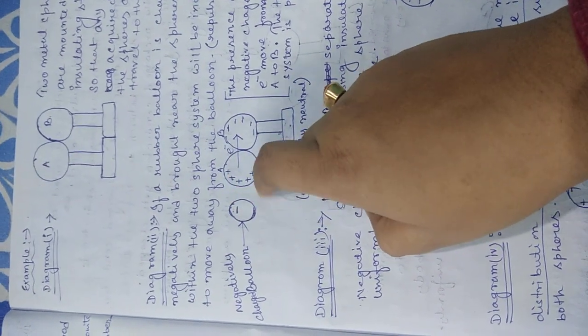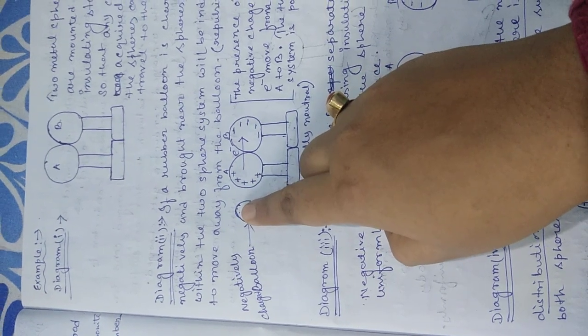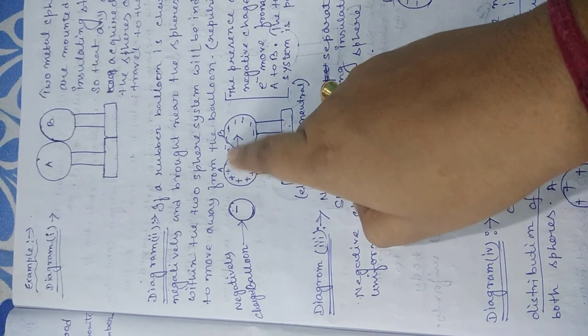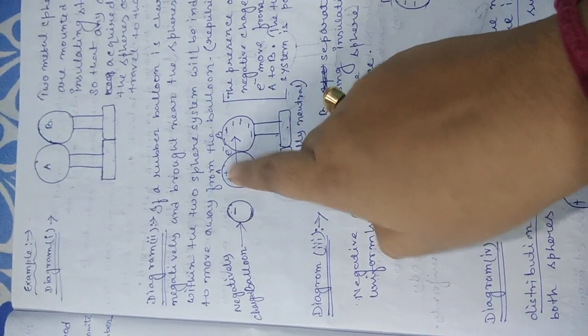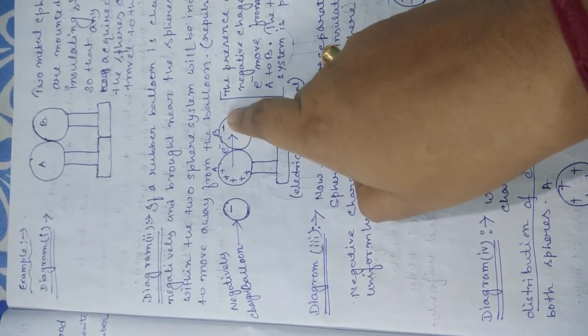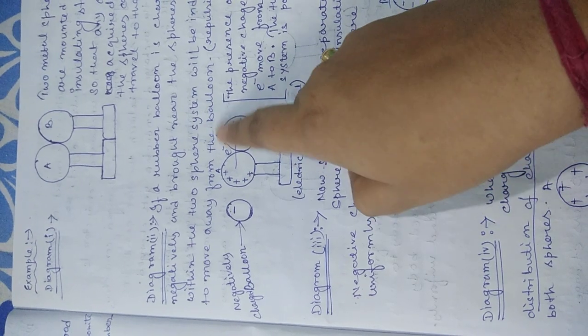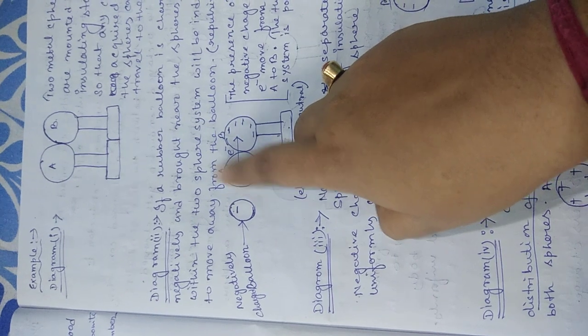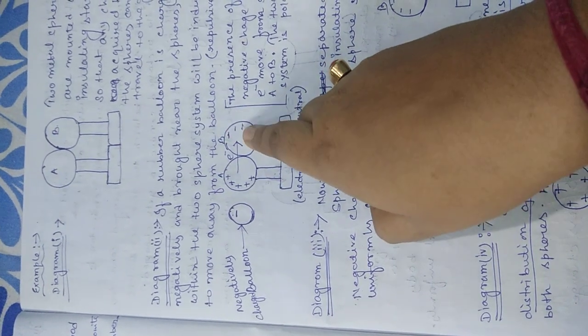So by the process of induction, because this is a negatively charged object, it induces inside sphere A the opposite charge, that is plus, and inside sphere B, because there are positive charges on the other side, negative charges are induced.